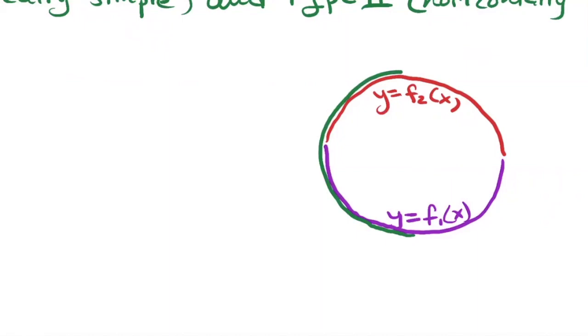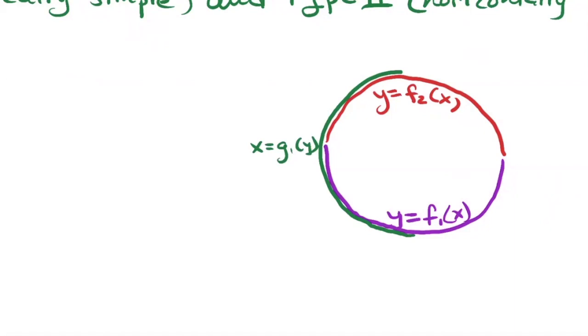Like that. So that's going to be x equals g1 of y. Like that. And then a right curve.